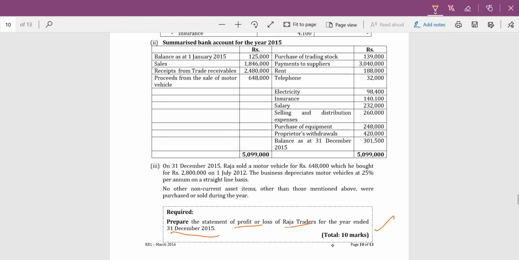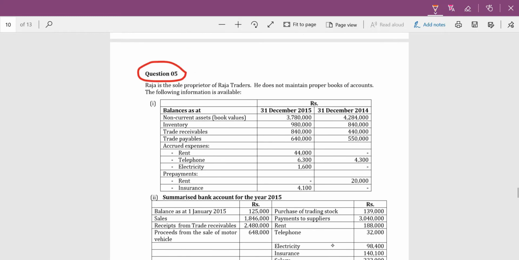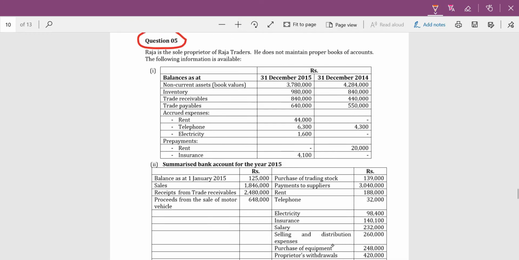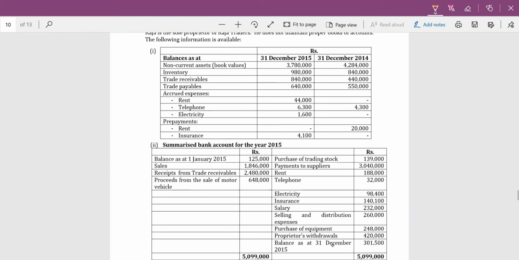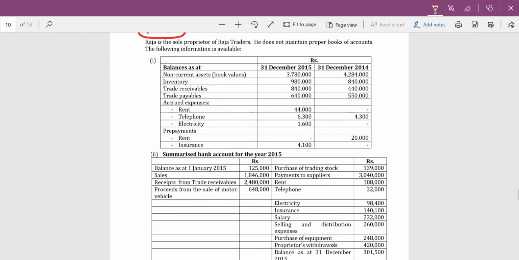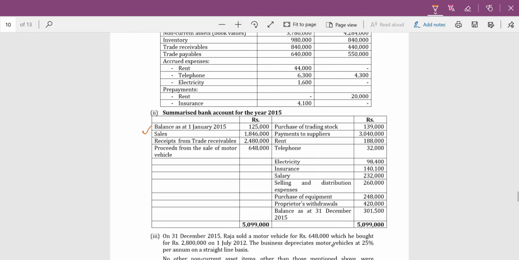I'll start with the trading account. For the trading account you need sales and cost of sales. Here the cost of sales is not given, so for cost of goods sold you need opening inventory, closing inventory and purchases.